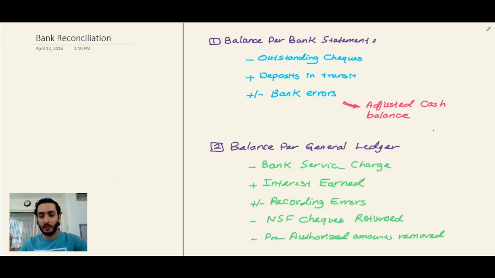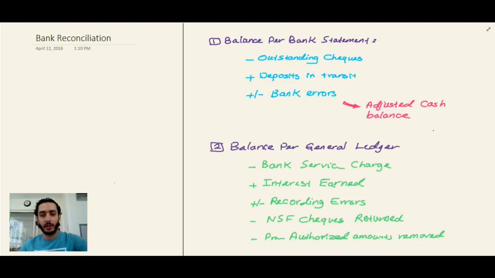So when we issue this check, we'll deduct it from our balance in our general ledger. So we have to adjust this check and assume that this customer withdrew the check. So we'll deduct any outstanding checks.